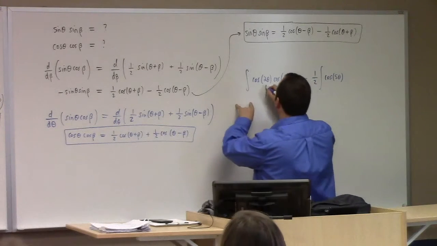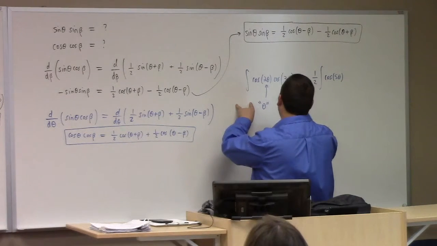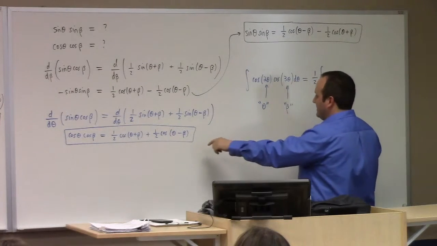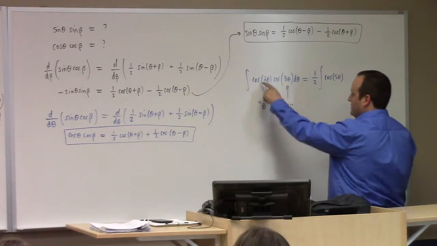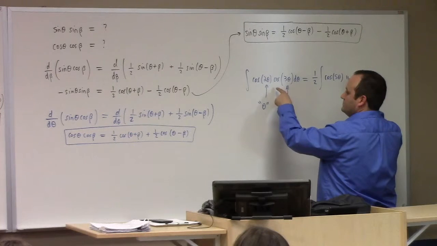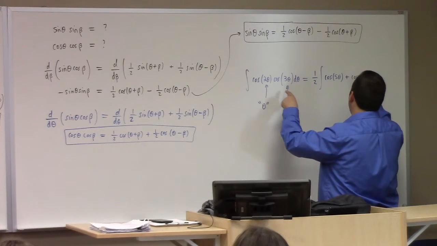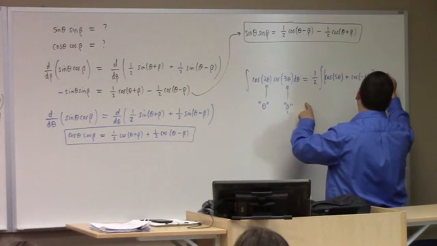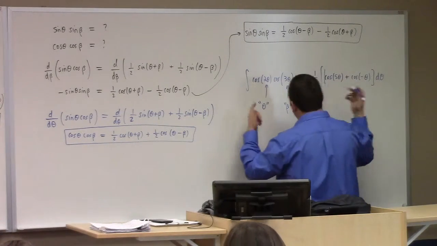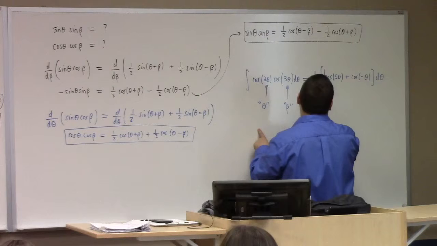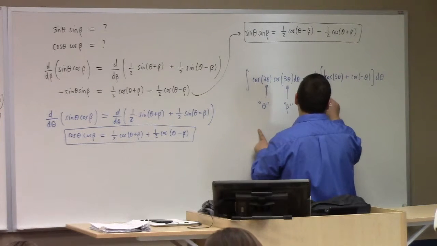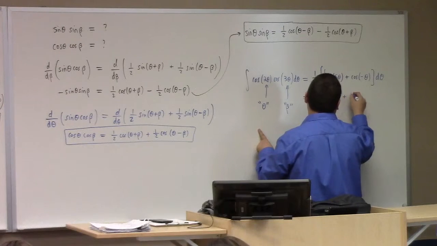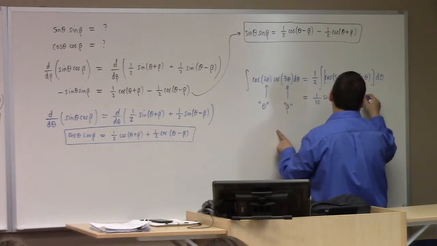So I mean, this is the θ. This is the β. Sorry, I'm using some operator overloading here. θ minus β, so it's cos θ, right? But of course, cosine is even, so that gets eaten by the cosine. So we got 1/10 sin 5θ plus 1/2 sin θ plus a constant.